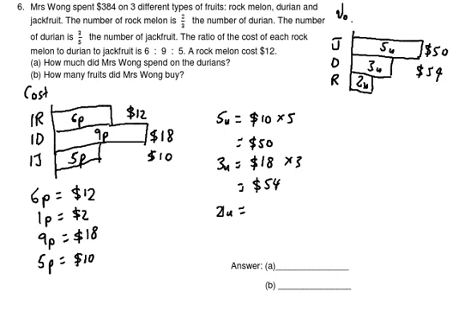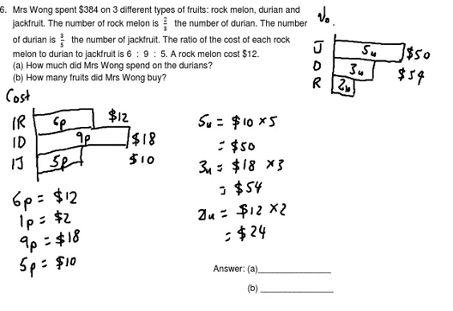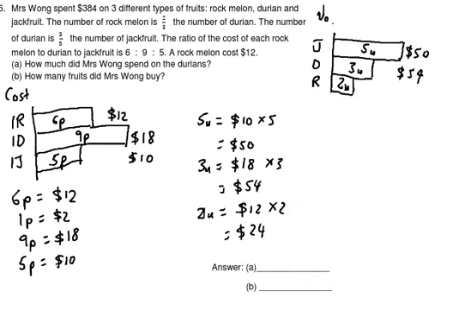So each rock melon costs $12. I multiply by 2, $24. So I know that this is actually $24. So in one set, let's recap.